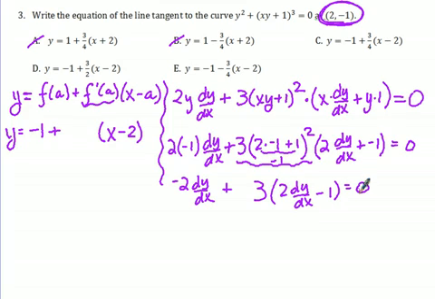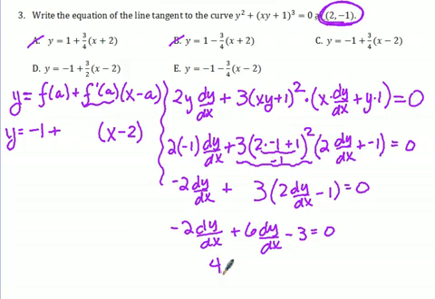I'm still trying to get dy dx by itself. Notice that this 3 we have here needs to be distributed into these parentheses. So -2 dy dx plus 6 dy dx minus 3 equals 0. I can add these together and get 4 dy dx.